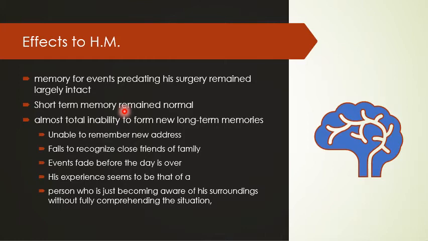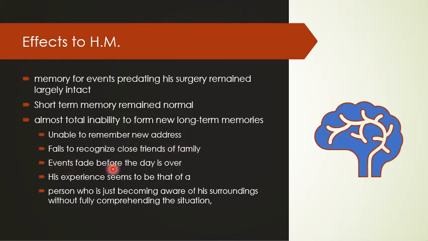Okay? So meaning he's unable to remember his new address. Right after the surgery, sometime later, they moved to a new place, and unfortunately, HM cannot remember his new address. He also fails to recognize close friends of the family that were introduced to him right after the surgery.